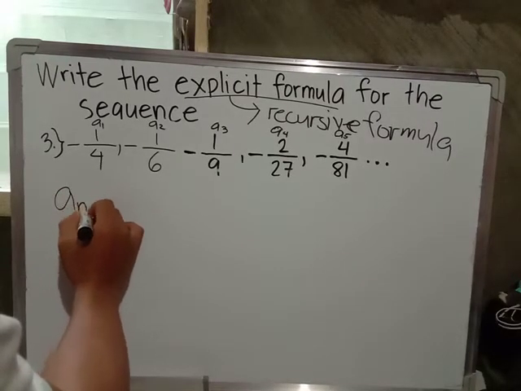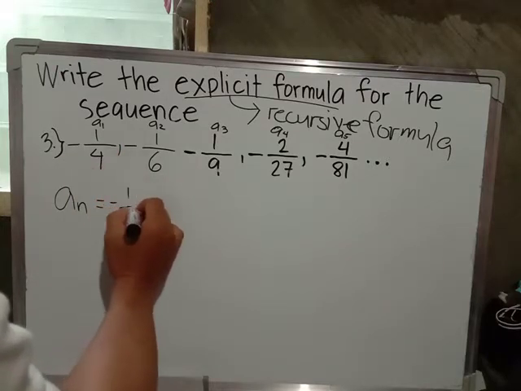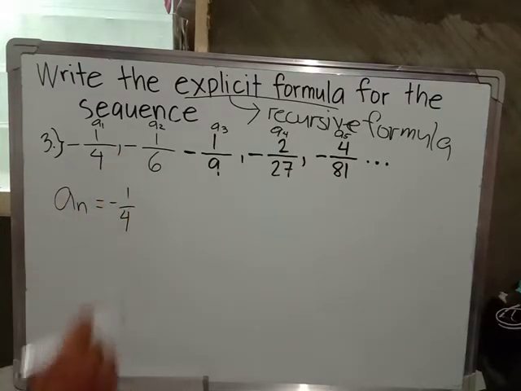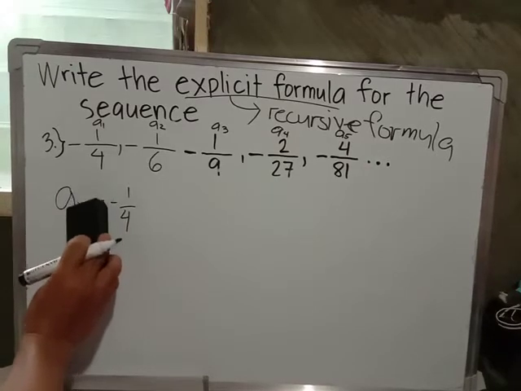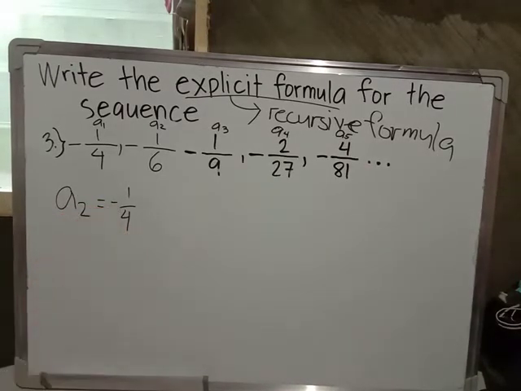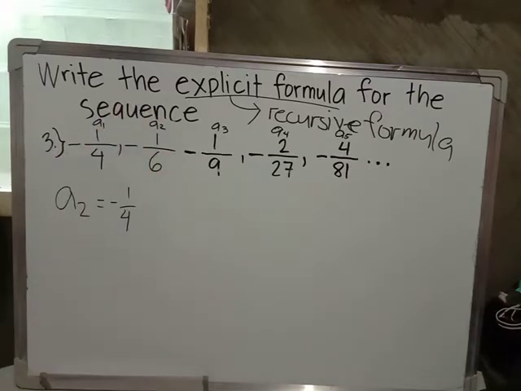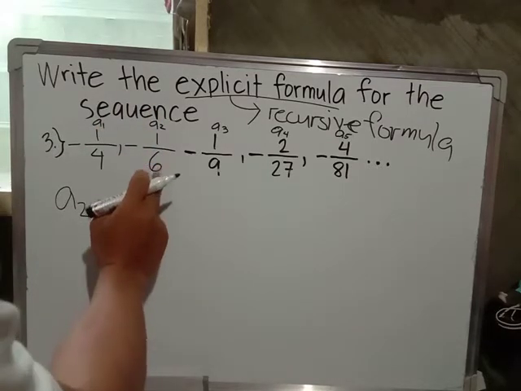For example, E2 natin is by using A1, so negative 1 over 4. Ano ang i-multiply natin para ma-achieve si 1/6? Siyempre mag-multiply tayo. Kailangan magkaroon tayo ng 12 dito para ma-reduce natin into 6.